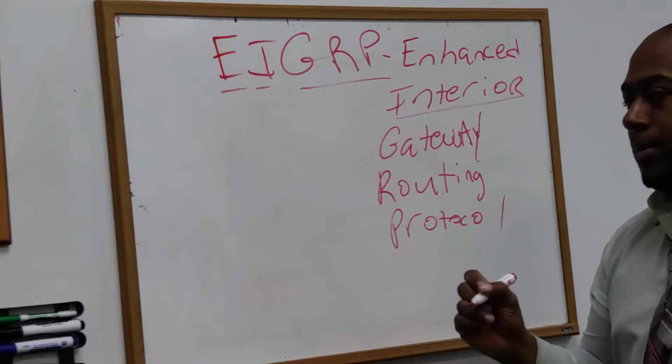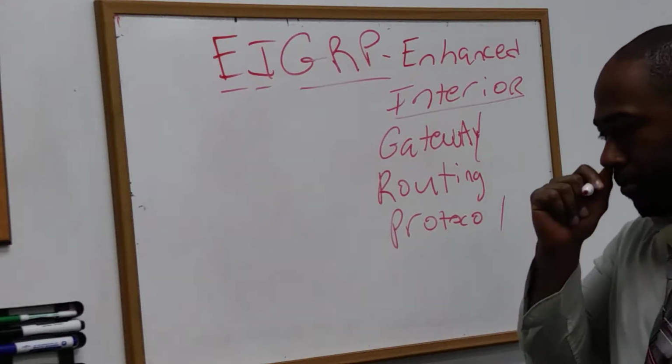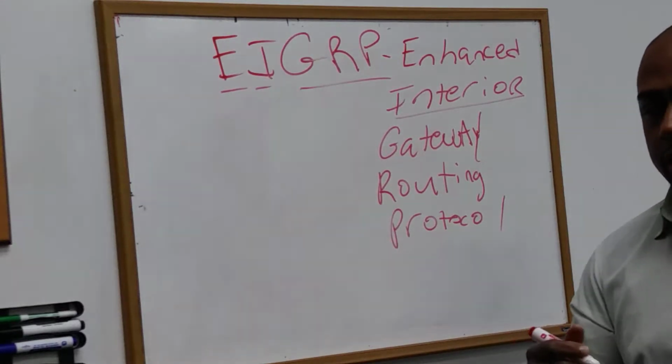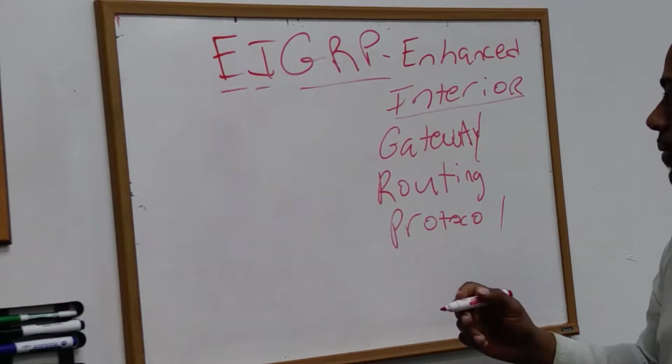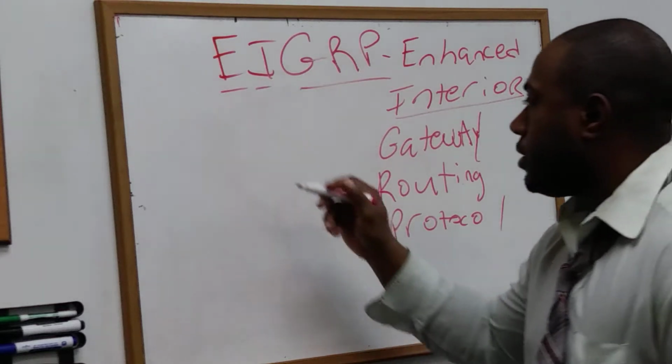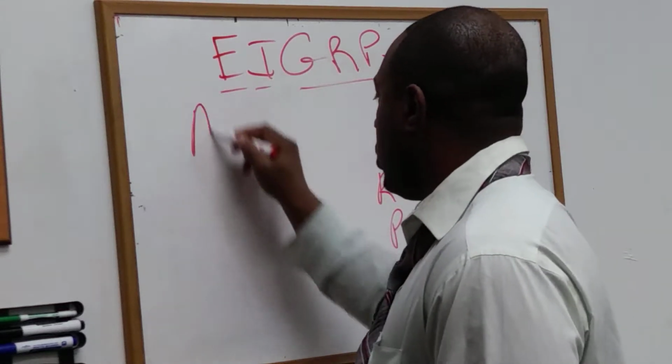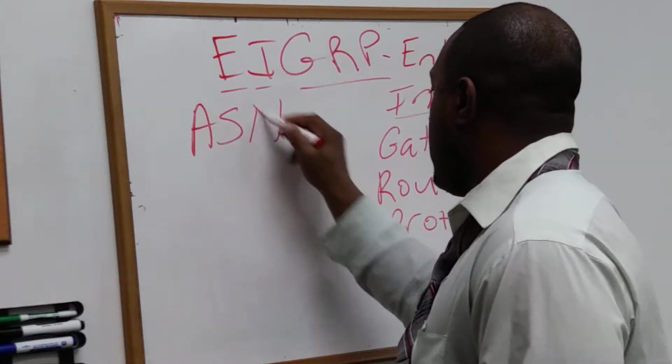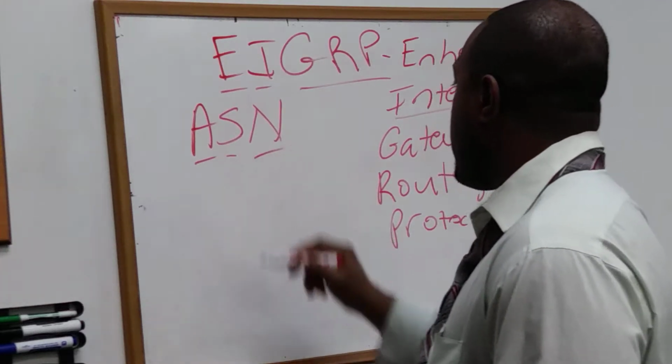Now, the thing about EIGRP is I went over the concept of what an autonomous system is, correct? I'm going to call it ASN, or autonomous system number.